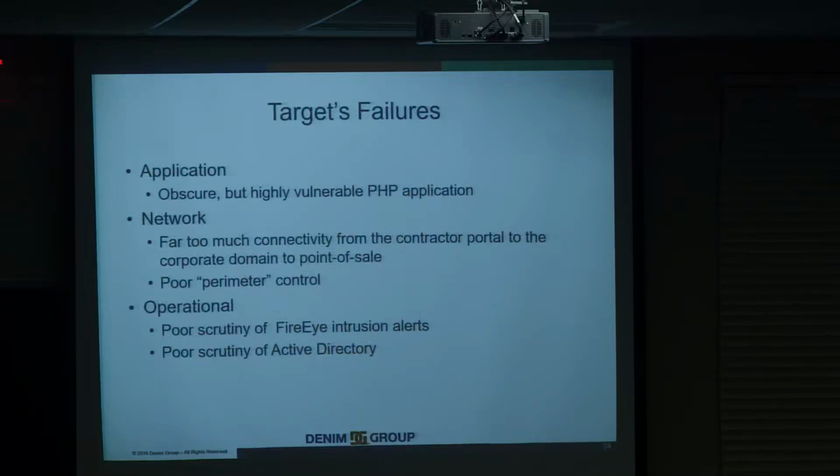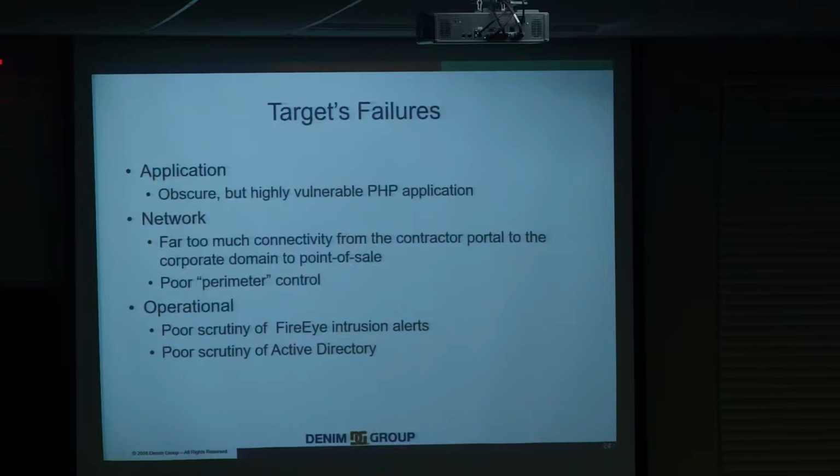So we can't create a complete list of failures here because it would be the rest of this talk. But there were general areas of failure. The application: there was an obscure but highly vulnerable PHP application. On the network, there was far too much connectivity from the contractor portal to the corporate domain to point of sale. These are three things that should not have been able to talk to each other in the way they did.